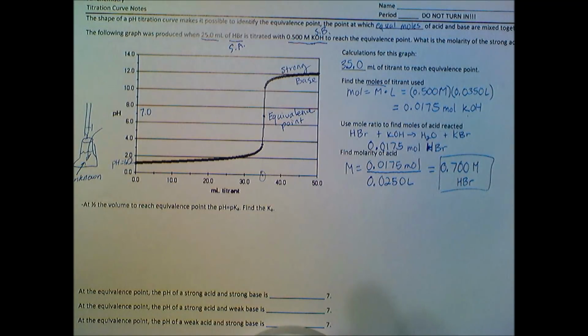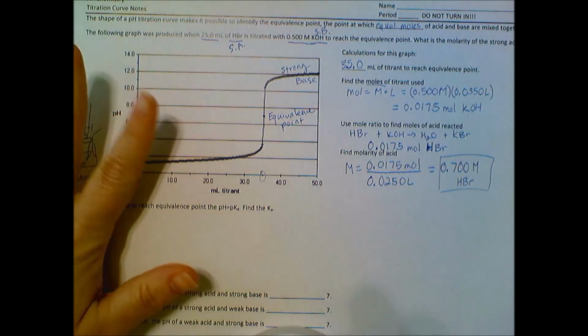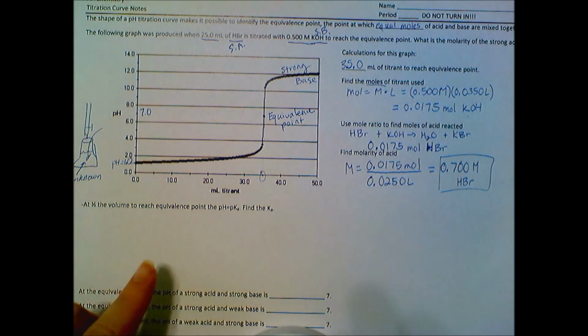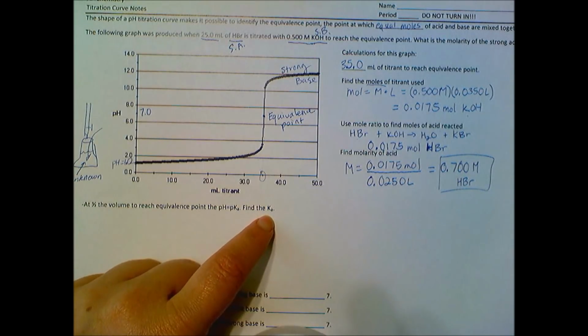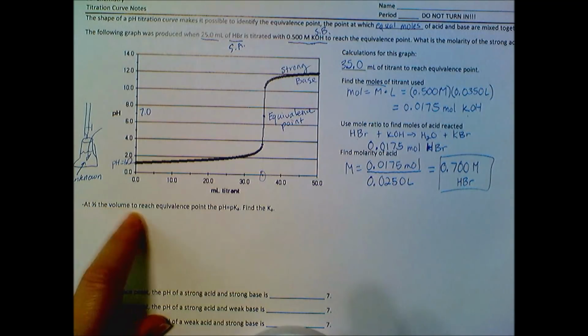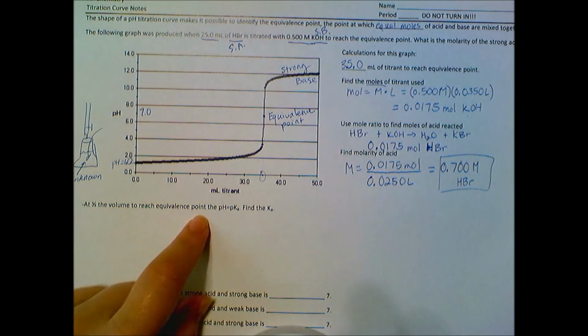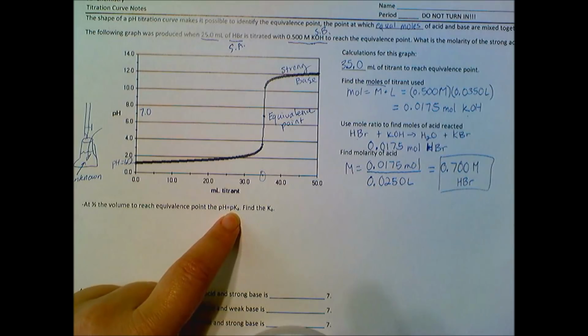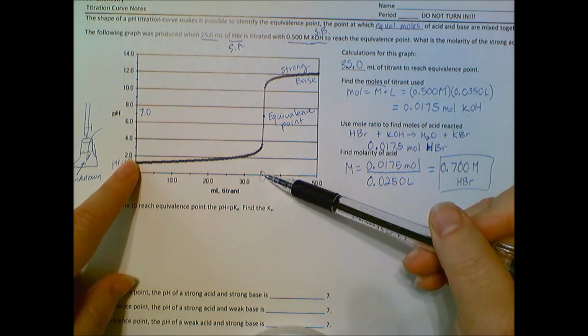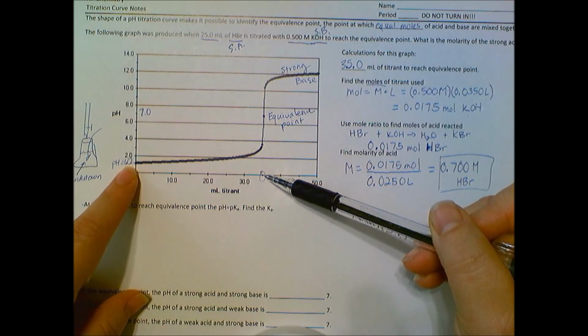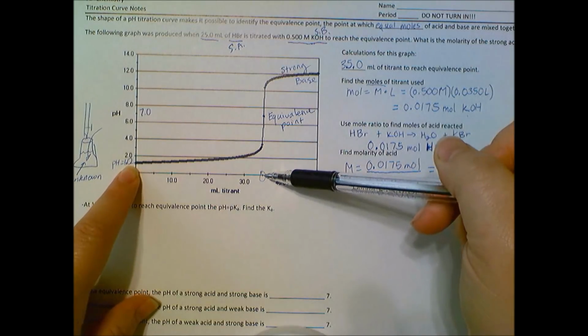The second thing we can do with this graph is find our acid dissociation constant, or our Ka value, from the graph. It says at half the volume to reach the equivalence point, the pH equals the pKa. So there's a place halfway to our equivalence point where our pH and our pKa are actually equal to each other.